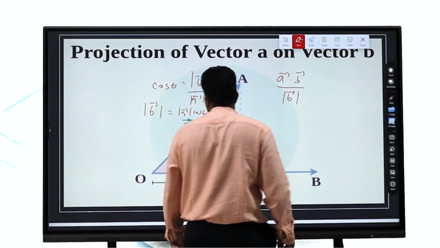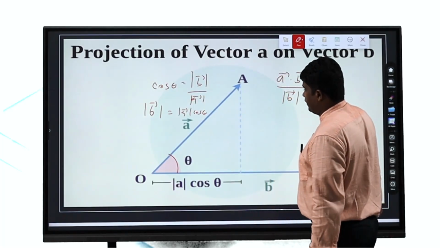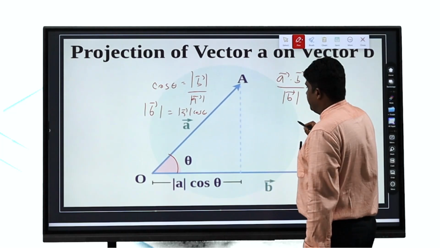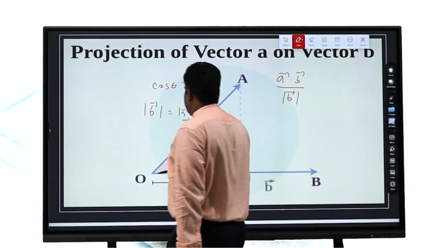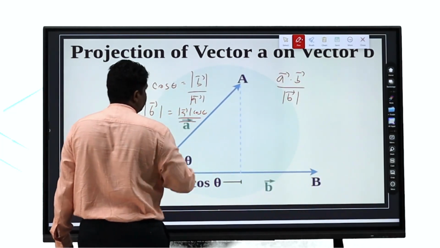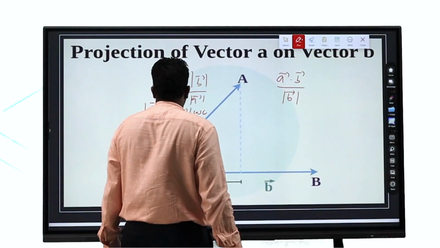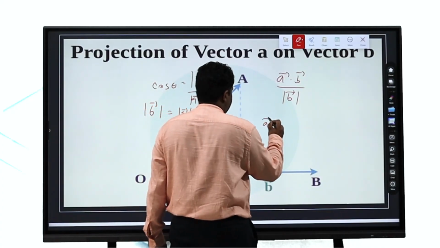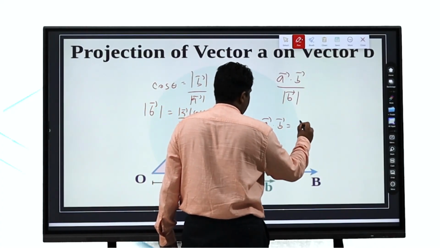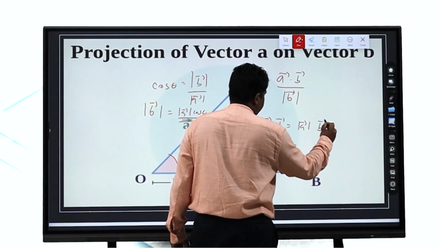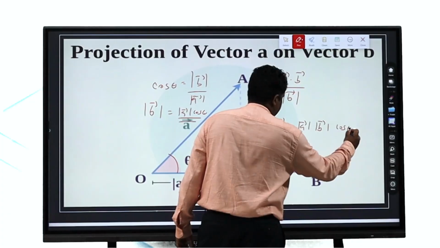A dot B is equal to magnitude of A into magnitude of B into cos theta.